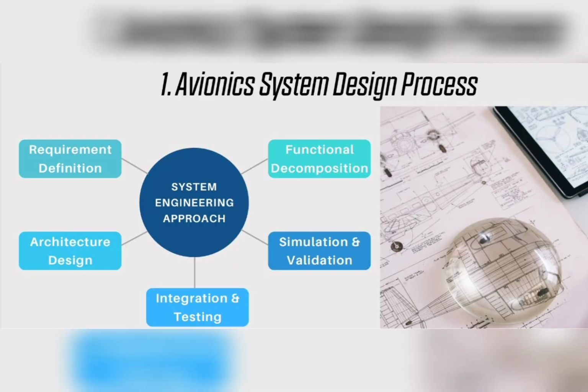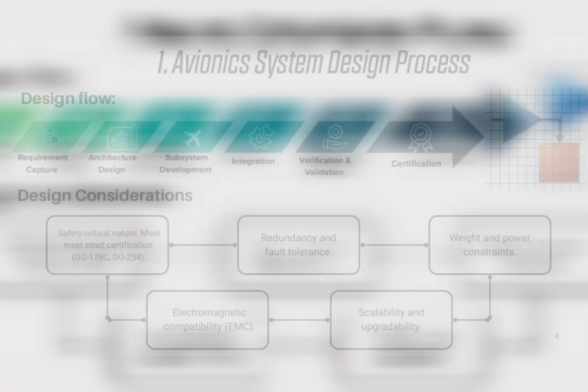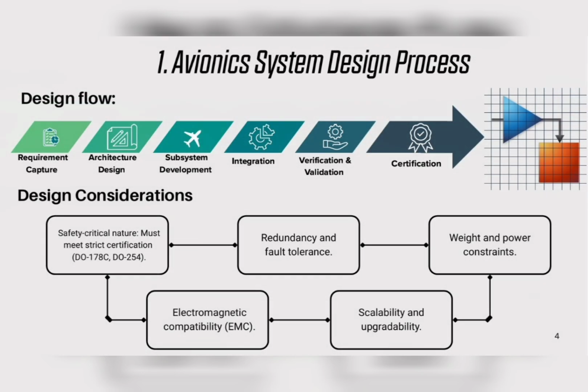The design process follows a systems engineering approach, a structured life cycle that starts with requirements, becomes functional decomposition, architecture design, simulation and validation, integration and testing, and ends with certification. The high-level flow is requirement capture, functional decomposition, architecture design, subsystem development, integration, verification and validation, and certification.